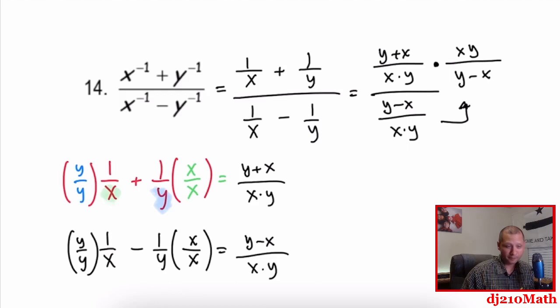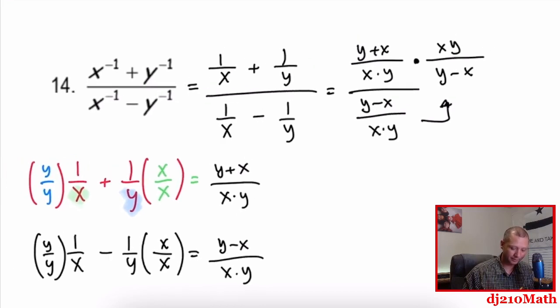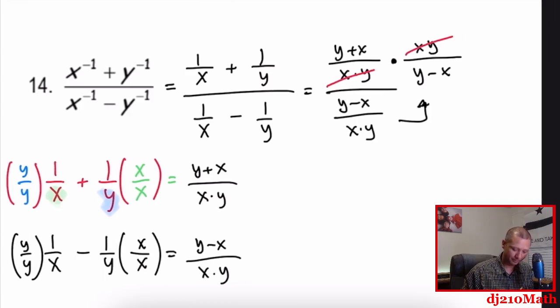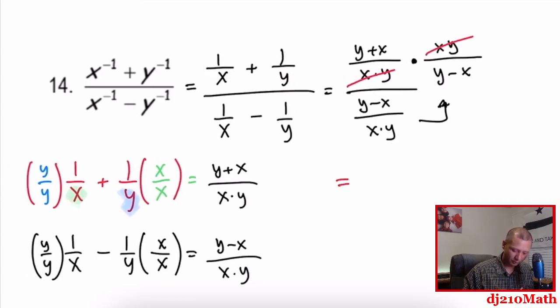It seems fully factored. Well, I'm going to show you something here in a second. So if I start canceling things now, because it's being multiplied now, I can start canceling. xy in the bottom, xy in the top. So right now, cleaning it up, y plus x, y minus x. Okay, here's the deal.